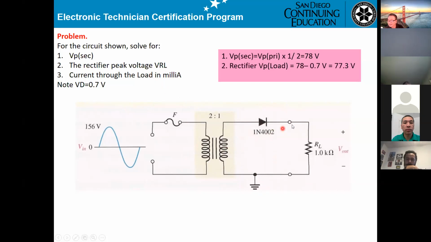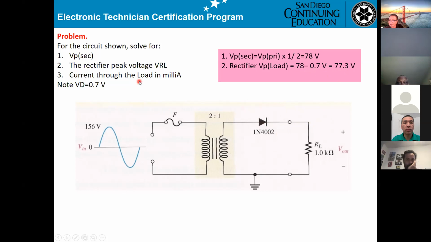We already said at the output here, the diode is on, you get a drop of 0.7 volt. That will be 78 minus 0.7. You get 77.3 volt. So the output here is not 78. You have to subtract 0.7 for the diode.